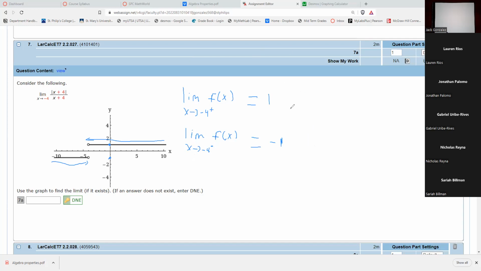But since it's not the same, you say it does not exist. So this limit does not exist. The single-sided limits do exist, but when they are not equal, you'd say the actual limit does not exist. Does that make sense?